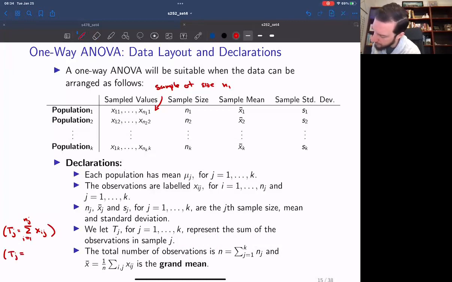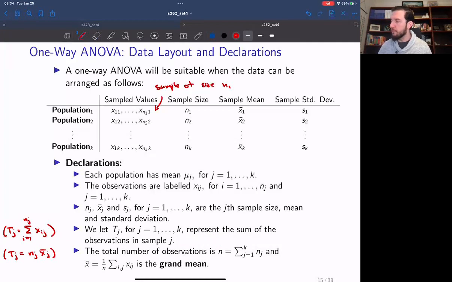This is the same thing as little nj times x bar j. So TJ represents the total for the sample. It's just all of the values in the sample added together.